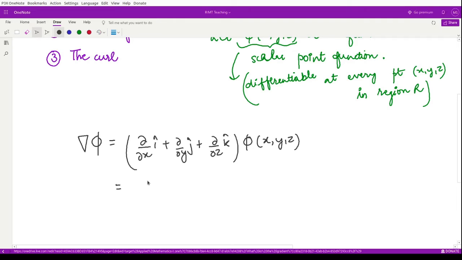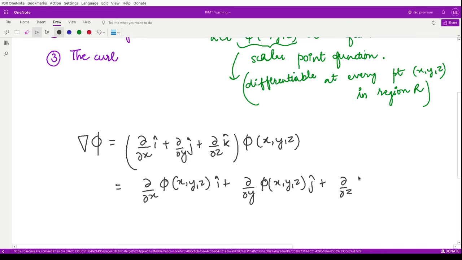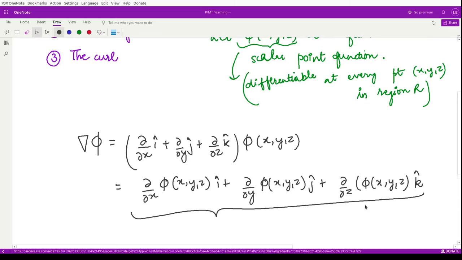You can write this to be del by del x of phi of x, y, z i cap plus del by del y of phi of x, y, z j cap plus del by del z of phi of x, y, z k cap. So this is actually a vector quantity, right? This is a vector point function.